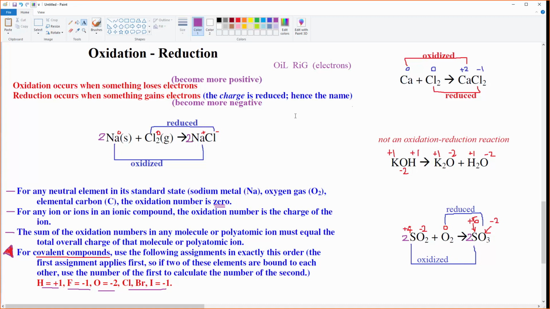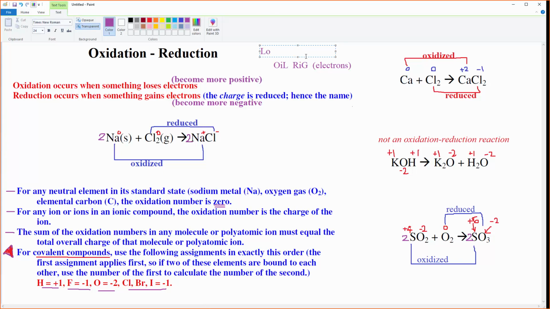I once heard there's another one, like Leo the lion says grrr, which is losing electrons, oxidation, that's Leo. Gaining electrons, reduction, that's the grrr. And I think that's too complicated to be helpful, but I still remember it, so maybe it is helpful.